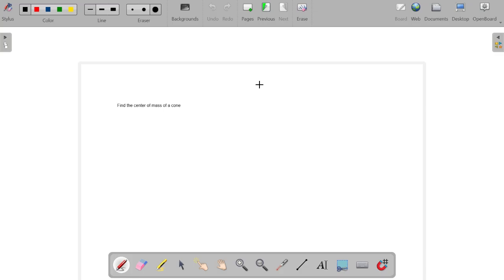So you're going to do the exact same thing as before. The x_cm is still just equal to the integral of x dm over the integral of dm. But now we have to define dm.